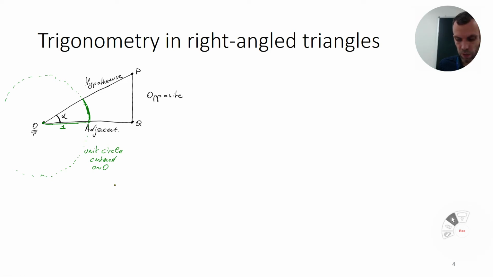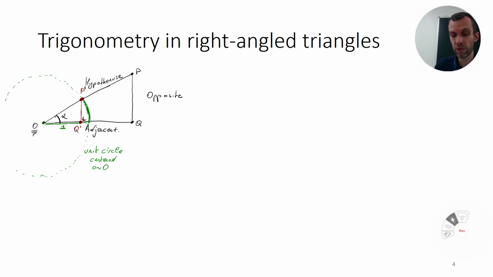And now let me also take that point where the arc intersects the hypotenuse and call that P prime, and then draw a perpendicular. So this line right here is perpendicular to the base, and let's call this point right here Q prime. Okay? So now if you stare at that for a little bit, you see two triangles.